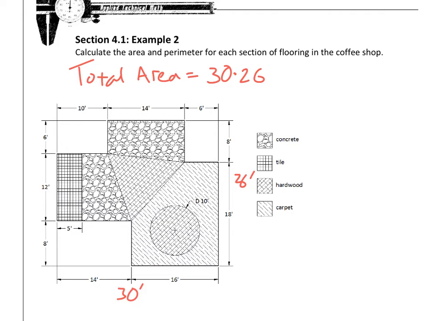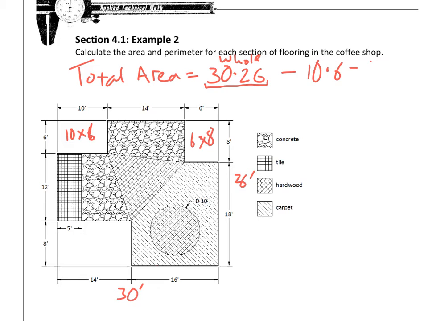Now we're going to subtract. So this is the whole. Okay. We've got the whole. And we're going to subtract the 3 little rectangles. Well, this one is a 10 by 6. Those are the dimensions. So we're going to have 10 times 6 as the area. This one is 6 by 8, we say.